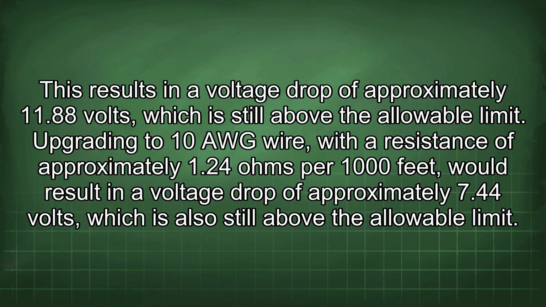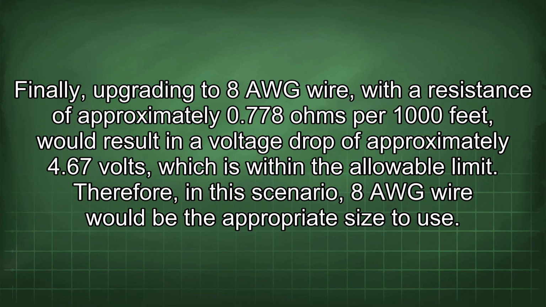Upgrading to 10 AWG wire, with a resistance of approximately 1.24 ohms per 1000 feet, would result in a voltage drop of approximately 7.44 volts, which is also still above the allowable limit. Finally, upgrading to 8 AWG wire, with a resistance of approximately 0.778 ohms per 1000 feet, would result in a voltage drop of approximately 4.67 volts, which is within the allowable limit. Therefore, in this scenario, 8 AWG wire would be the appropriate size to use.